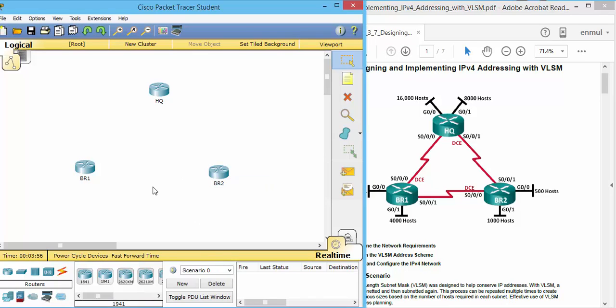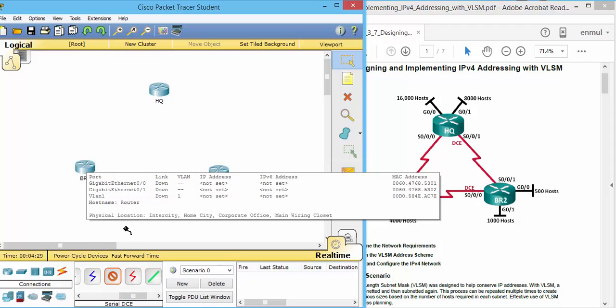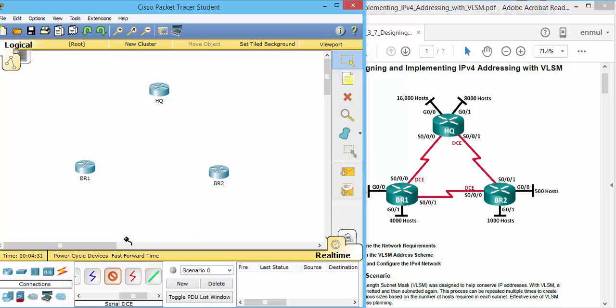And we use a serial cable. This side is the DCE, so we go here and use a serial cable with the clock rate, because this is where the clock rate is going to be, and this is serial 0/0/0.